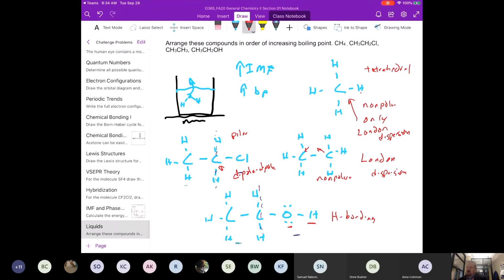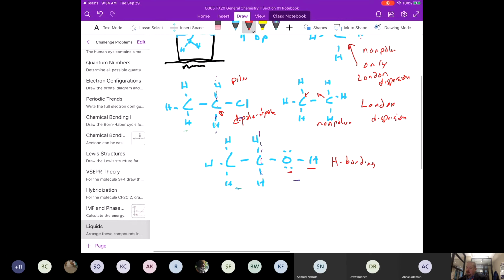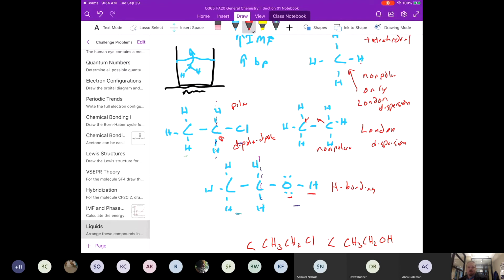So if we arrange these then in increasing order of boiling point, we would have CH3CH2OH as being the largest. The one with the dipole, CH3CH2Cl, as being the next. Now we have to look between these two that only have London dispersion.